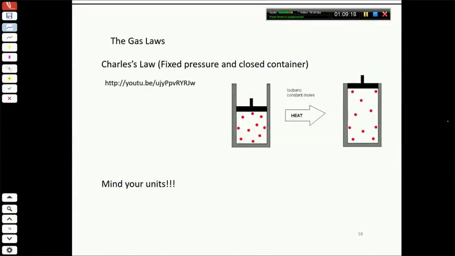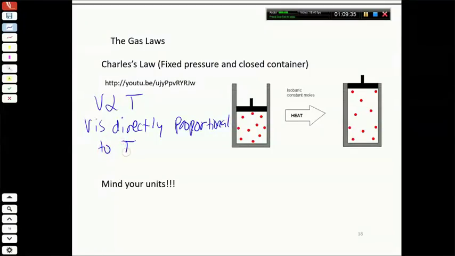So Charles' law tells us that volume is directly proportional to temperature, which means volume is equal to some constant, which I'll abbreviate as K prime, because it's not the same constant as the last one, times temperature.